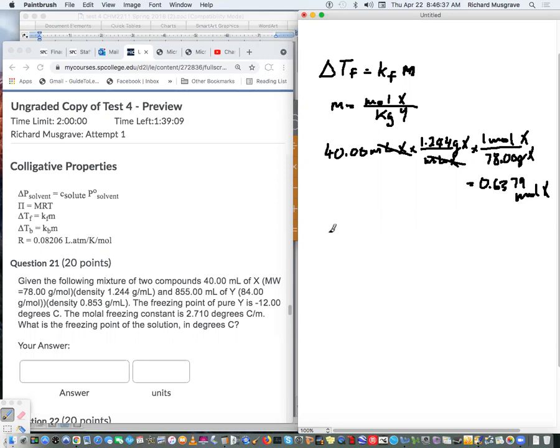Now I need kilograms of Y. And what I've got is a volume, so 855.00 mils. And again, to get the grams, I need to multiply by the density.